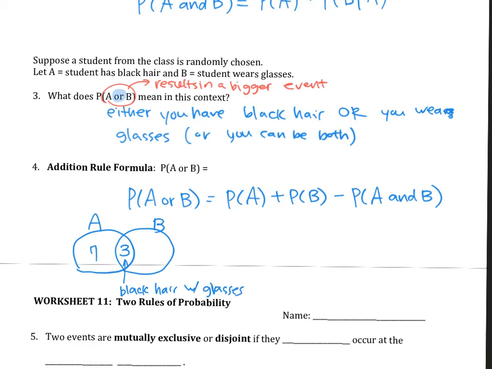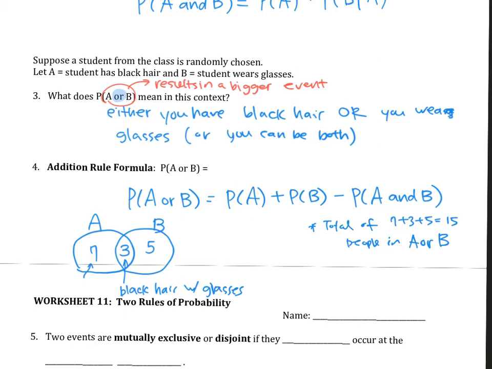And then 7, just black hair, no glasses. And then let's say there are 5 people who have glasses but no black hair, right? So in this case, there are a total of 7 plus 3 plus 5, which is 15 people in A or B.